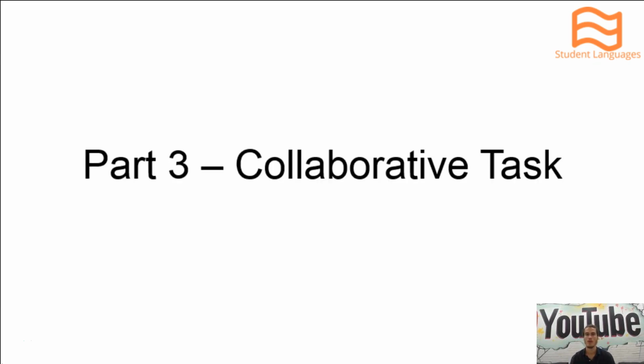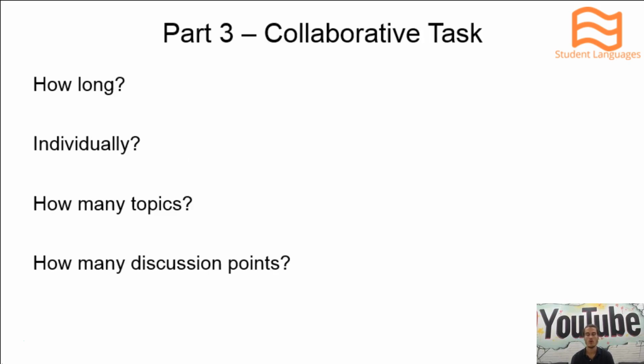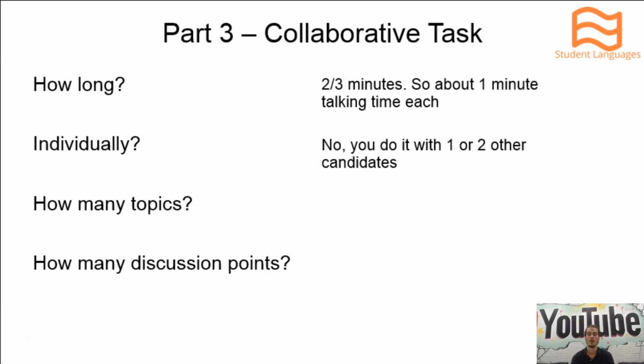Part 3, the collaborative task. How long is part 3? It lasts for about 2 or 3 minutes, which means you have about 1 minute talking time for each person. Do you do it by yourself, individually? No. You do it with one other candidate normally, but sometimes there may be 3 of you.